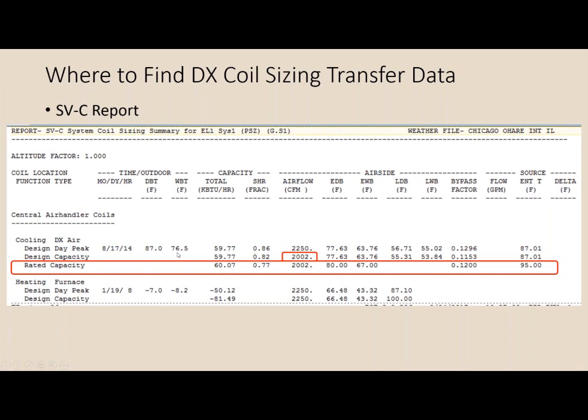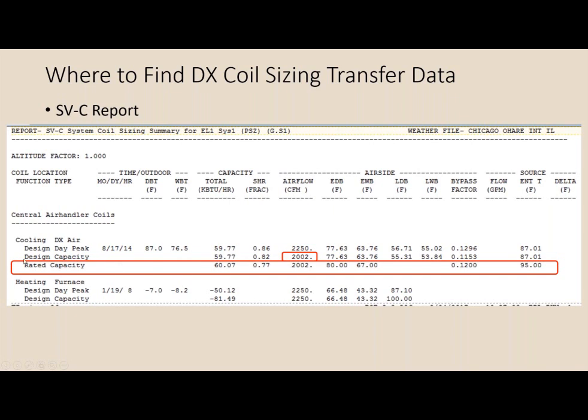That's the calculation of load based on the design day weather conditions. So you'll see the design day weather conditions and the time that it happened, and then the airflows and other parameters that were determined by the program for that.